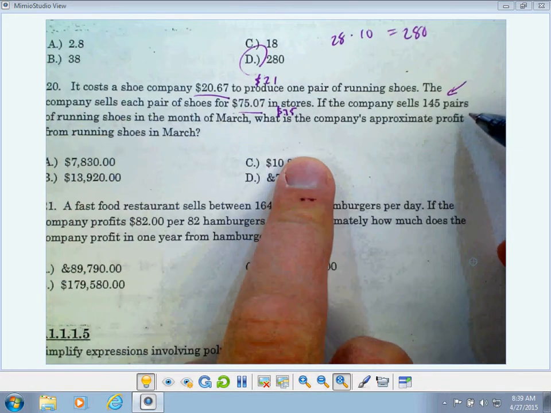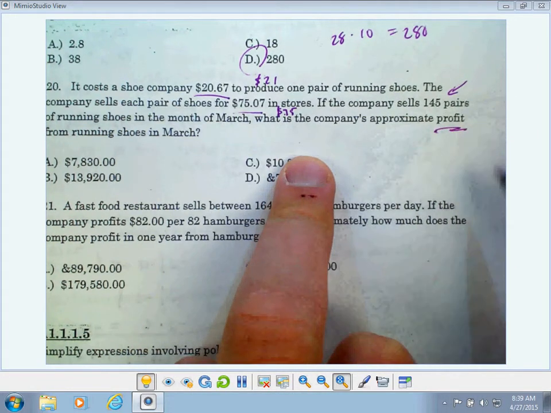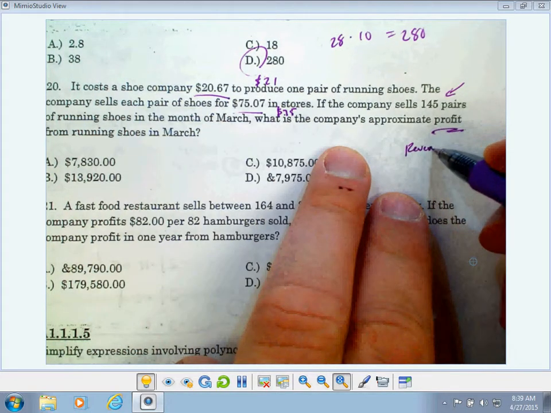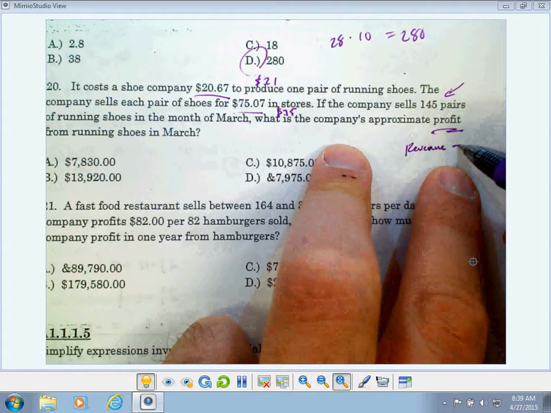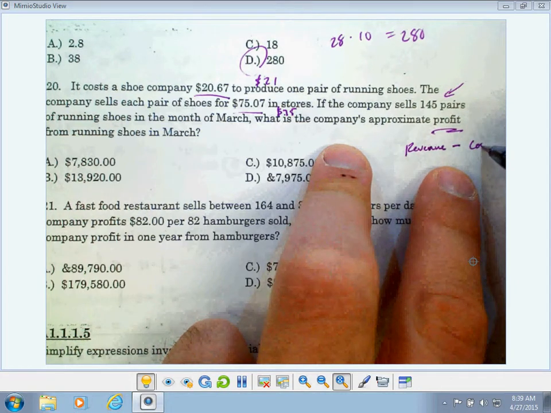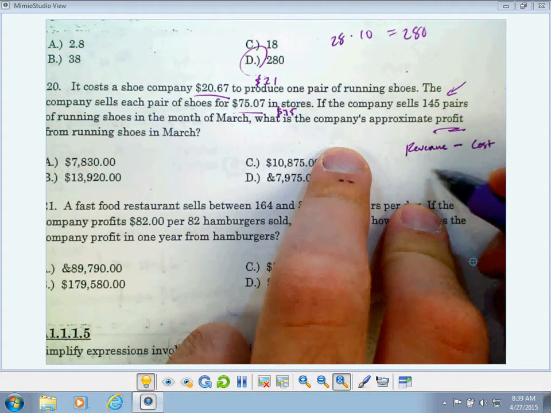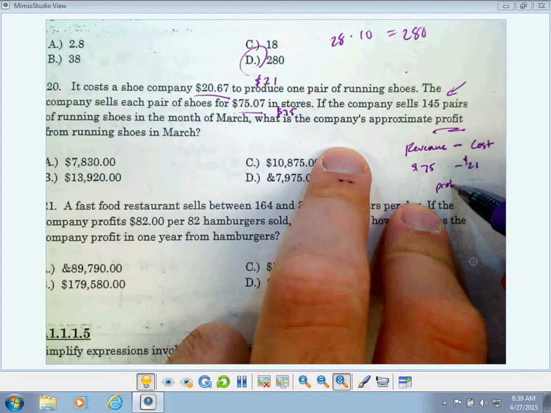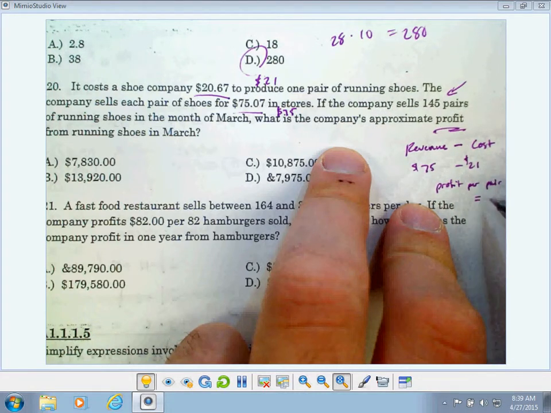Okay, so it wants to know, what is the profit? Profit is basically revenue, or money you sold it for, minus the cost. So in this case, it's $75 minus $21, or the profit per pair is equal to $54.